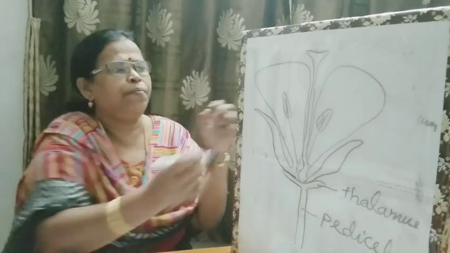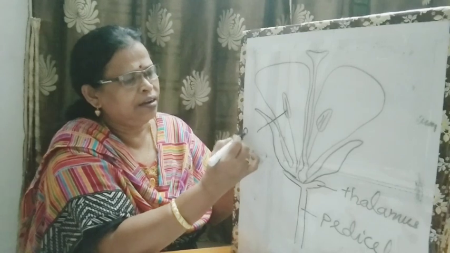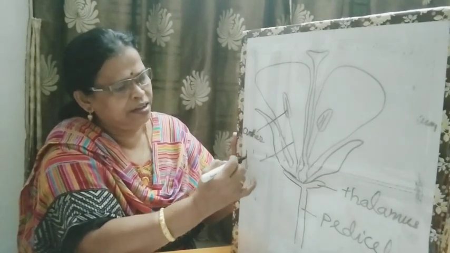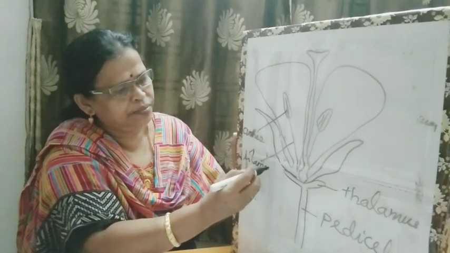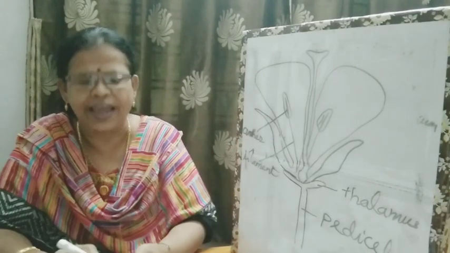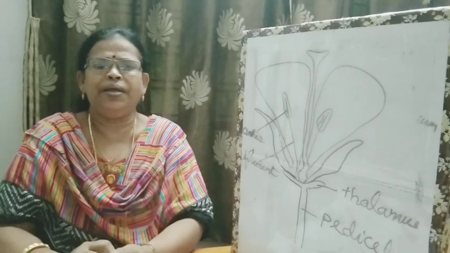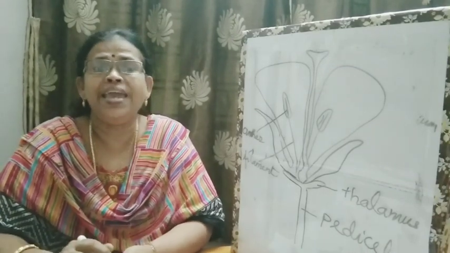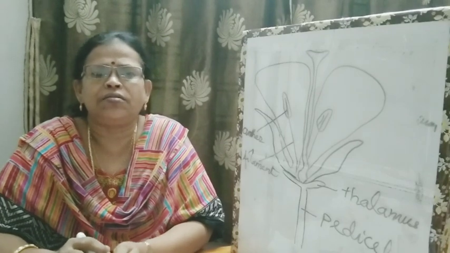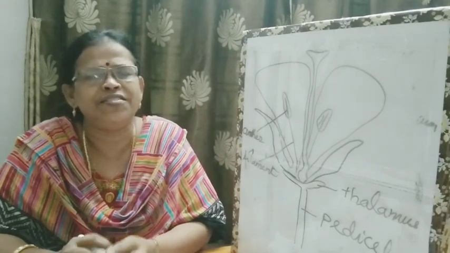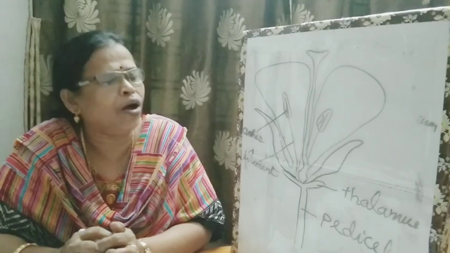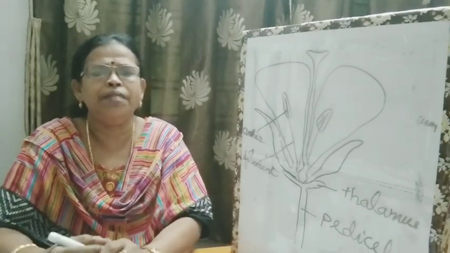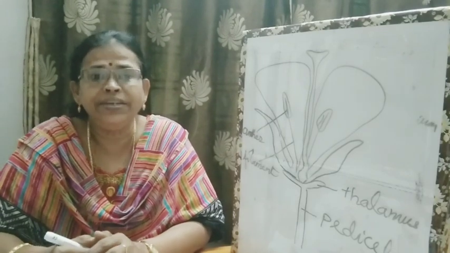Stamen is made up of anther and filament. This is called the male part of the flower. Which is the male part of the flower? Stamens are the male part of the flower, or you can say the collective name androecium is the male part of the flower.